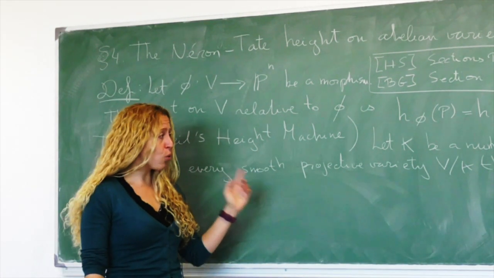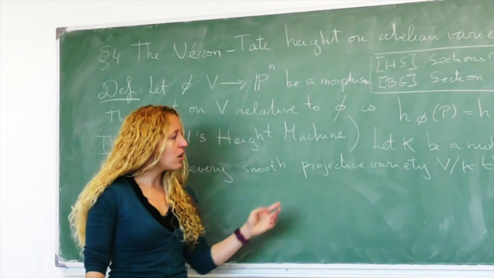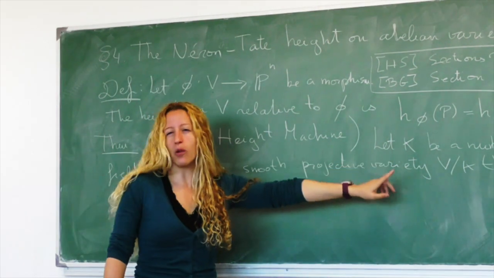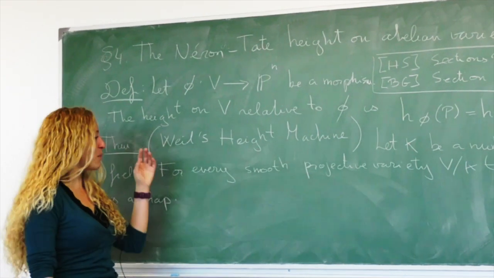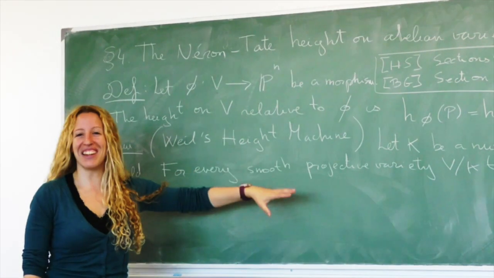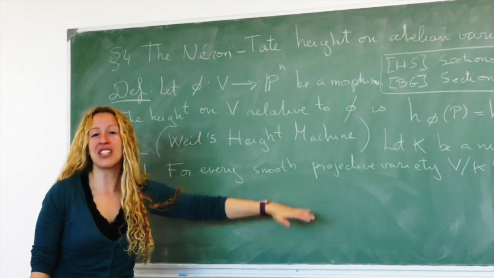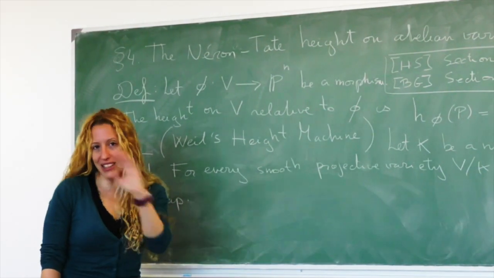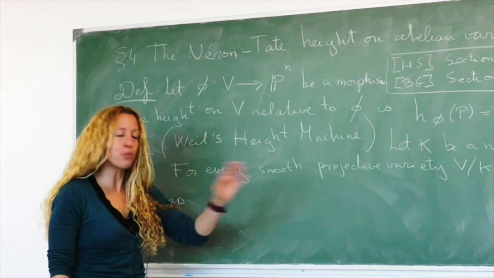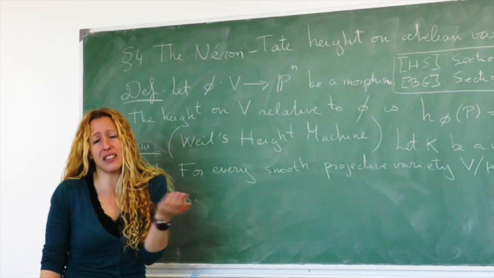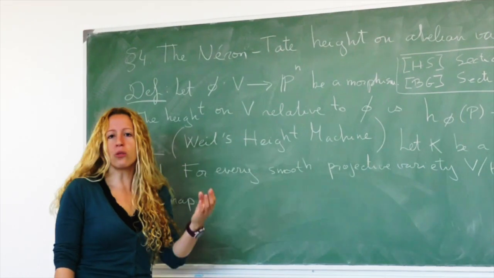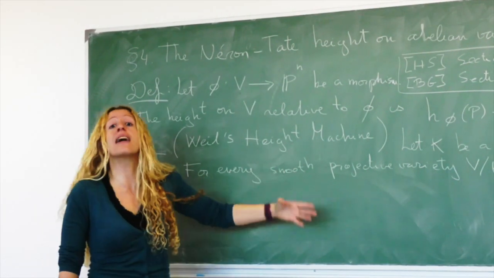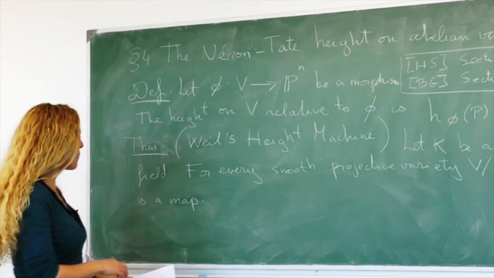We could do the same thing for varieties with singularities, but then I would have to state many exceptions in the properties in the theorem. So it's easier to state it for smooth projective varieties, and all the examples that we are going to see are smooth projective varieties. But just so you know, we could generalize this theorem a little bit more.